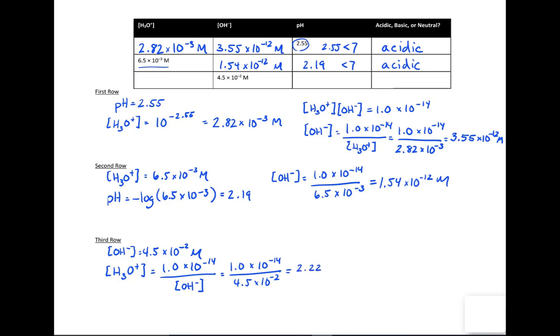Solving in the calculator gives an answer of 2.22 times 10 to the negative 13 molar.